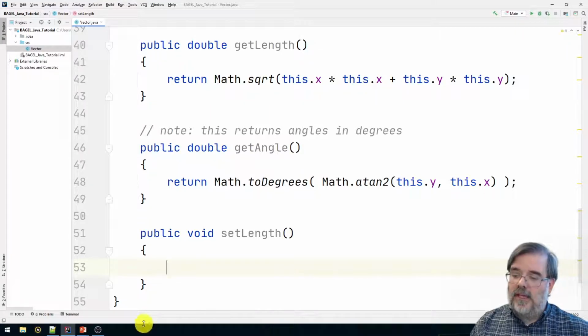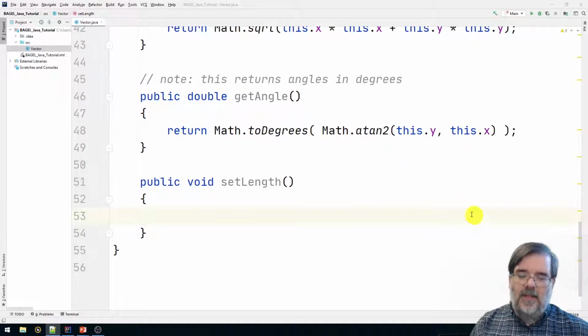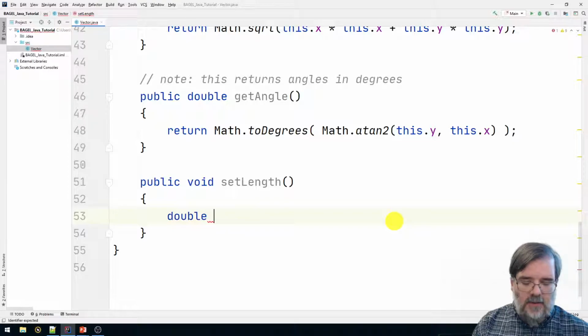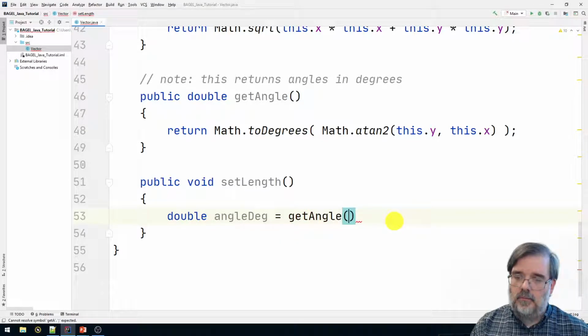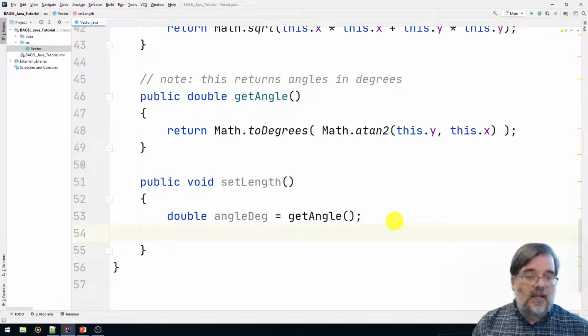Now we want to do set length. Right? So in this case, what do we need to do? First, we need to get the angle, and then we're going to convert that angle to radians. So let's see. First, let's say double angle degrees is going to be get angle. And now I'm going to convert that to radians. Right, so let's say, not public, what do I want to do?